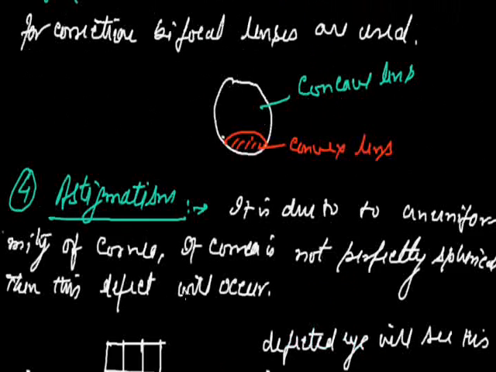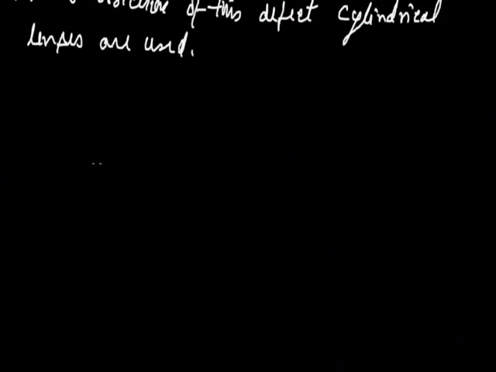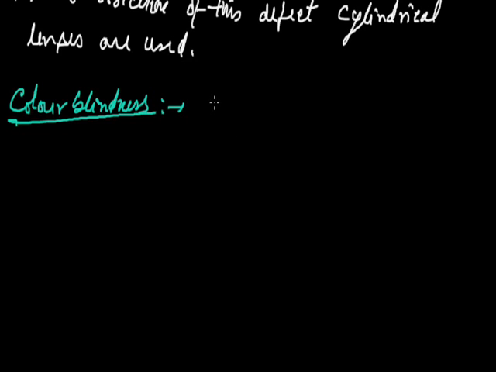Now the next, fifth, is color blindness. Retina is made up of cones and rods. Cones in the retina are responsible for colors.